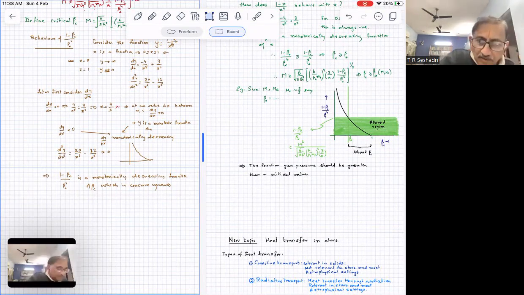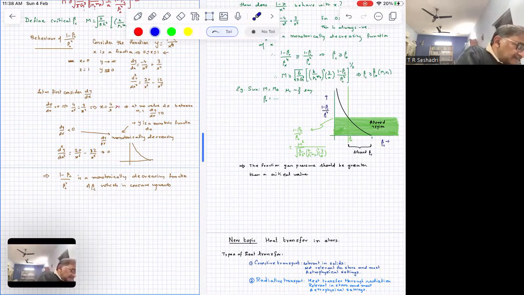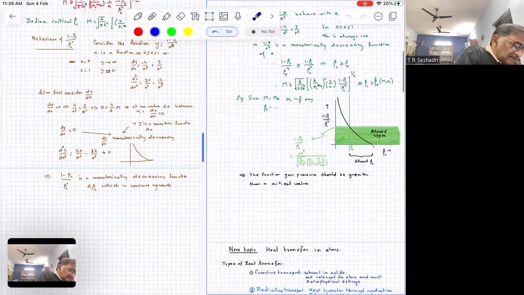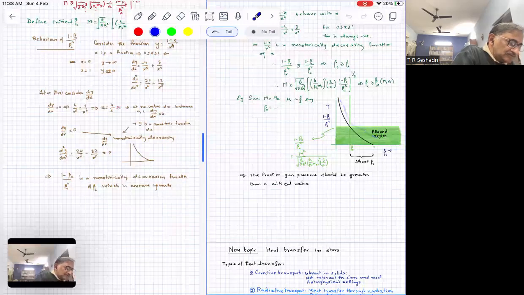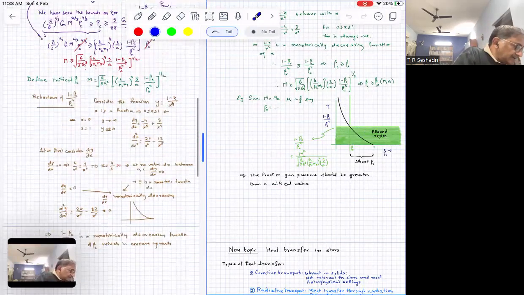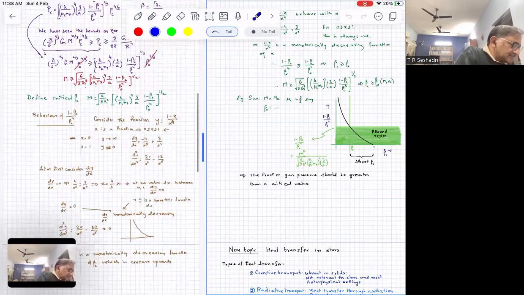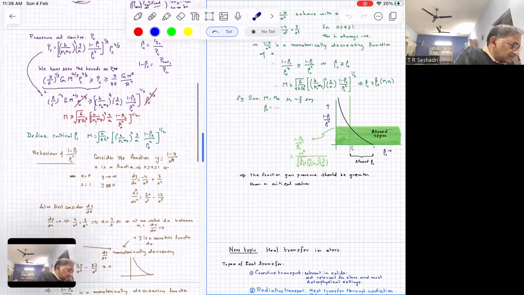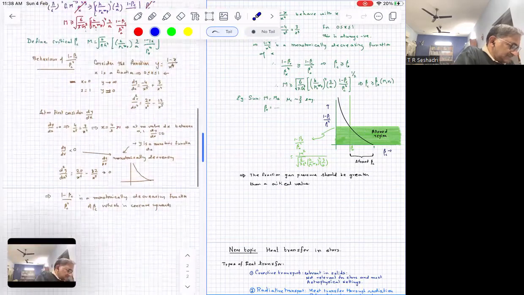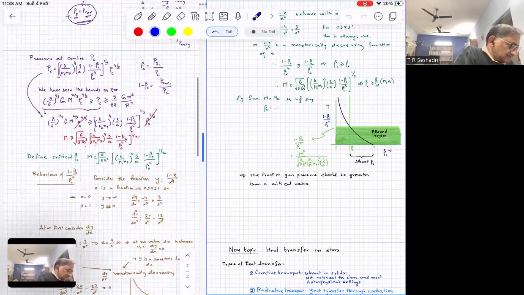Fine. Okay. So here, this black line is the graph. So it is sort of decreasing with concave upwards. Now I have defined something called beta star, right? Over here.